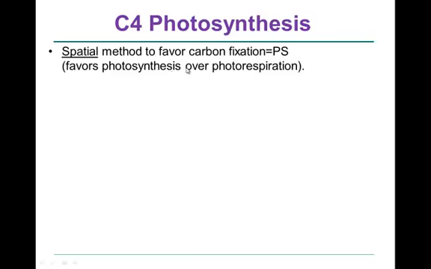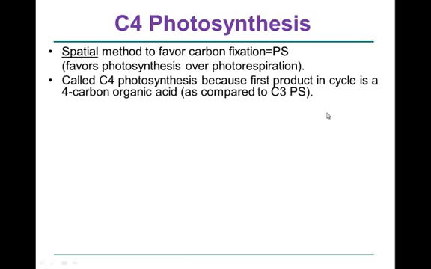C4 is a spatial method to favor carbon fixation or photosynthesis over photorespiration. It's called C4 because the first product in the dark reactions is a 4-carbon compound as opposed to a 3-carbon compound.